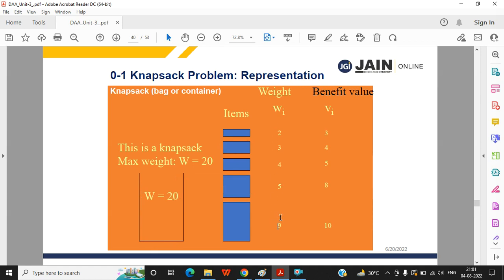He cannot take all these items because 9 plus 5 plus 4 plus 3 plus 2 is more than 20. So he cannot take all the items. He needs to pick so that the profit gets maximized.